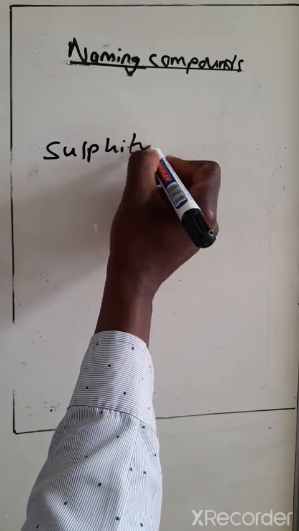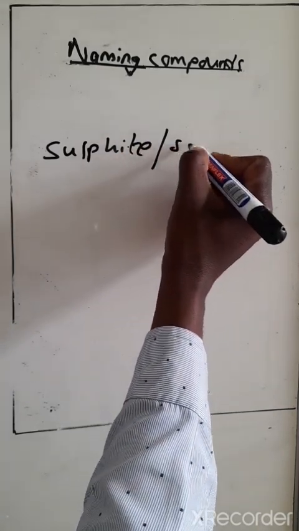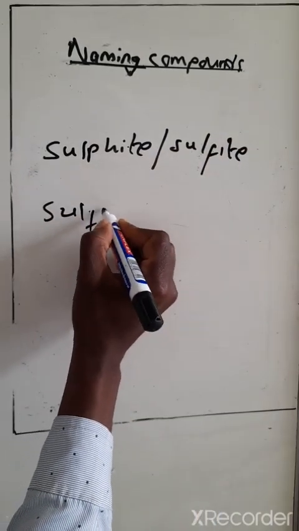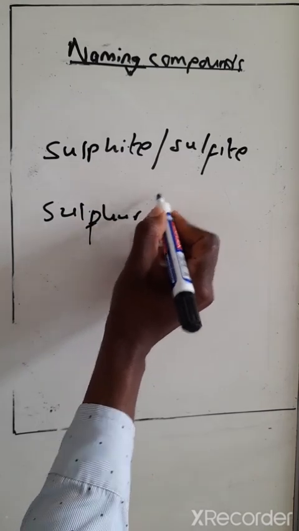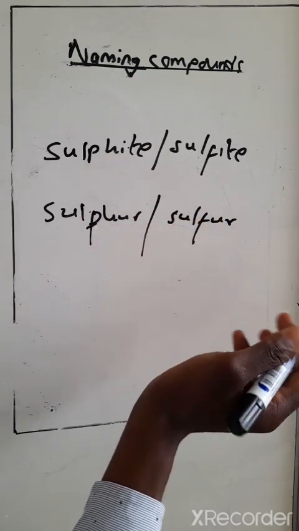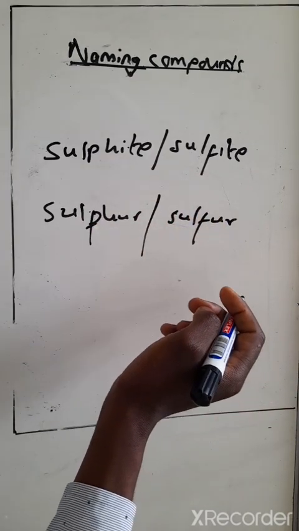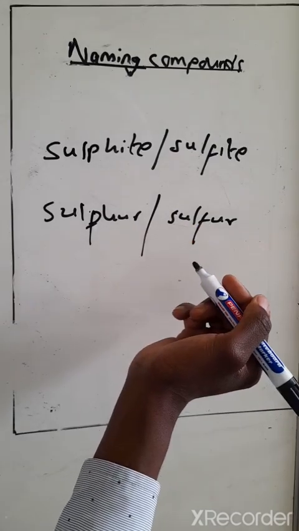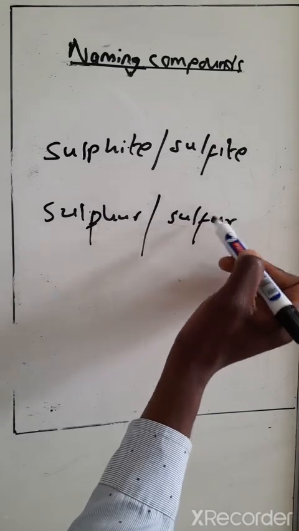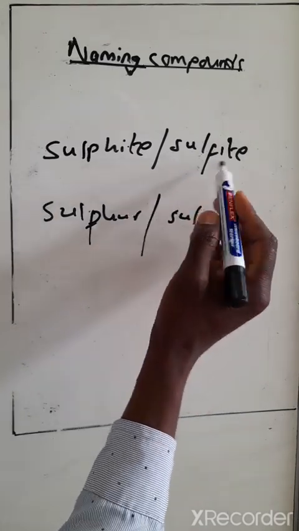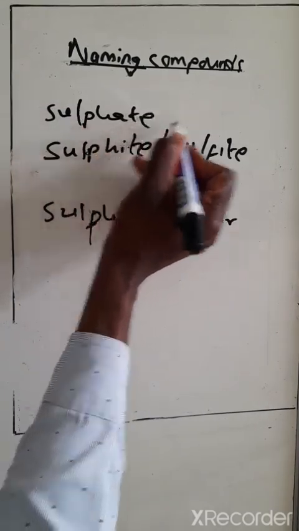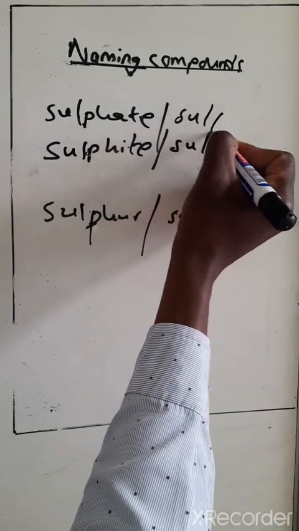Sulfate, sulfite, sulfur: with an F or with a P. These are just different English spellings. In this case we can also add sulfate or sulphate.